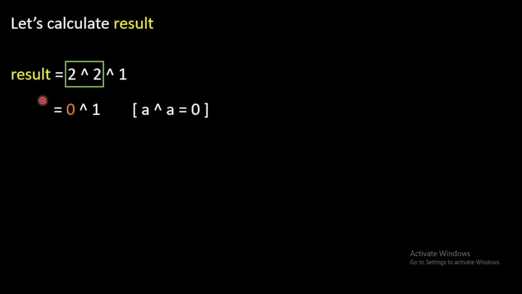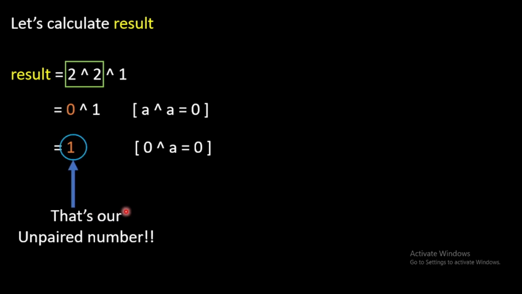So in our second line, we can replace this expression with 0 XOR 1. Now we can use another fact, that taking XOR with 0 will keep the other operand unchanged, that is, our output will be 1, and you know that this 1 is the unpaired number.